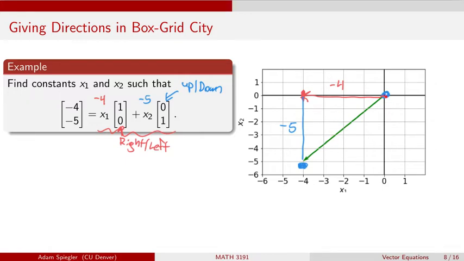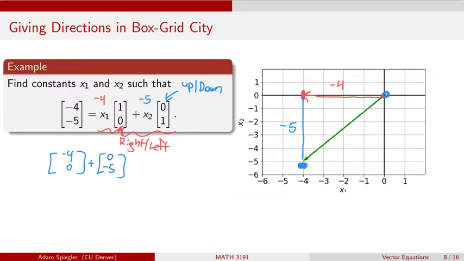And so notice now I've expressed this vector minus 4, minus 5 as the diagonal of a parallelogram, which is spanned by 2 vectors, one of which has direction which is at least parallel to 1, 0, and the other is parallel to 0, 1. And maybe you're just thinking more along the lines of, well, if I have minus 4, 0, and I add to it 0, minus 5, well, that's going to give me the vector minus 4, minus 5.